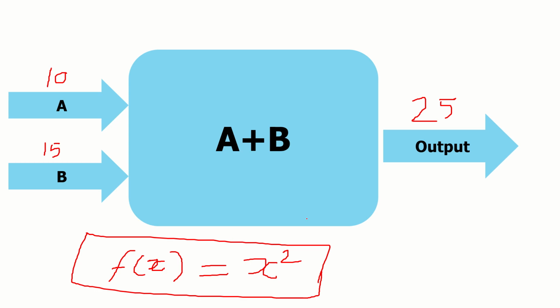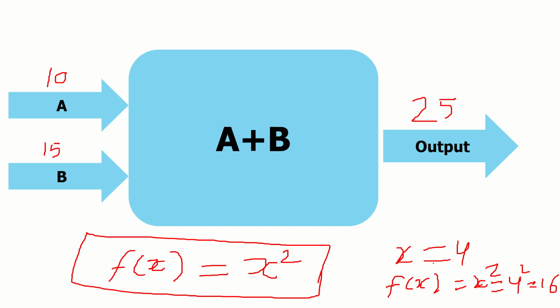So if we give x is equal to 4, then what will we get? We will get output f(x) is equal to x square, meaning 4 square, which is equal to 16.